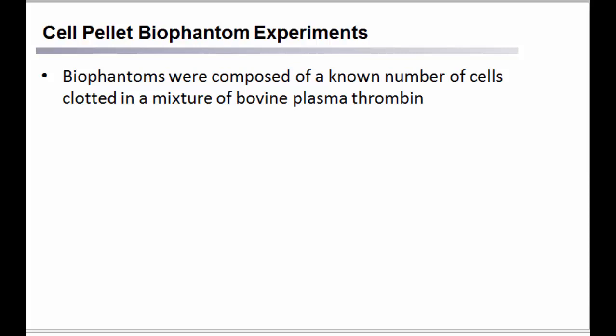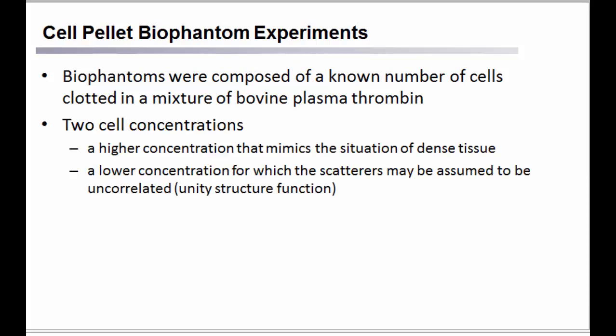For the experiment, we constructed biophantoms by putting known number of cells in a mixture of bovine plasma and thrombin. We studied two cell concentrations, a high concentration that mimics the situation of dense tissue, and a low concentration for which the scatterers may be assumed to be uncorrelated. We have unit structure function.